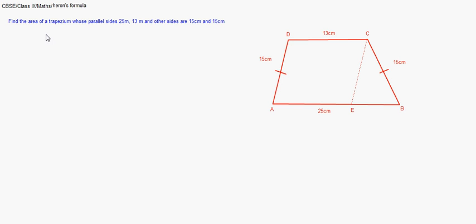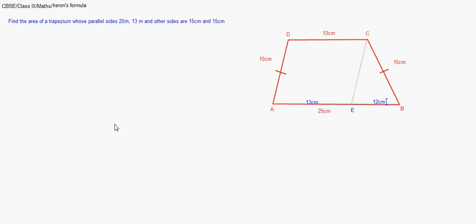Even in that case we don't have altitude. So what will be AE? AE will be 13, and the rest of it, that means EB, becomes 12 centimeter, right?